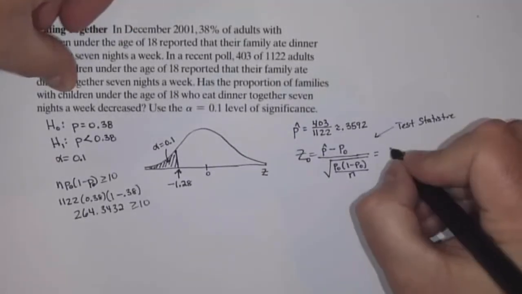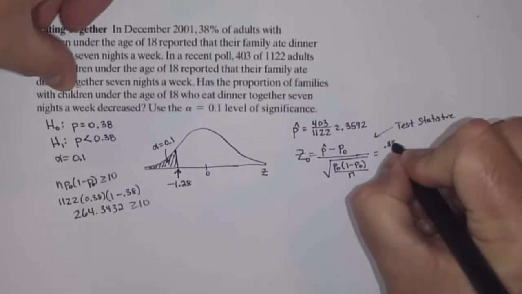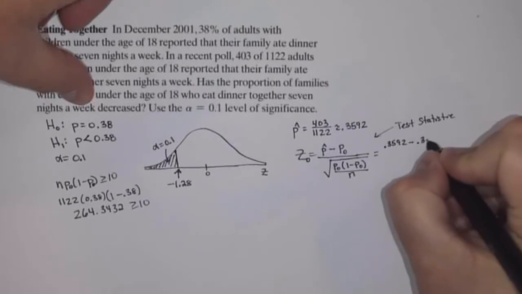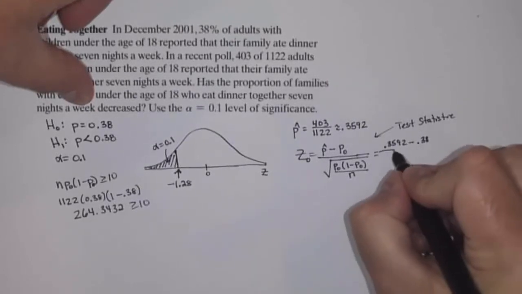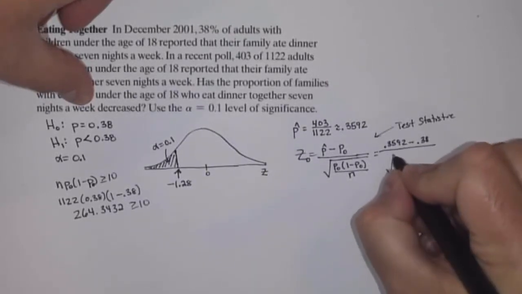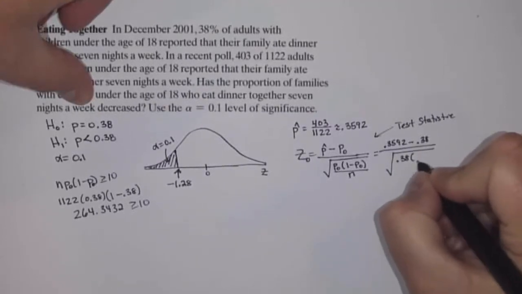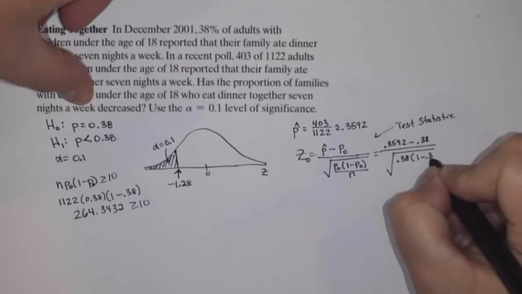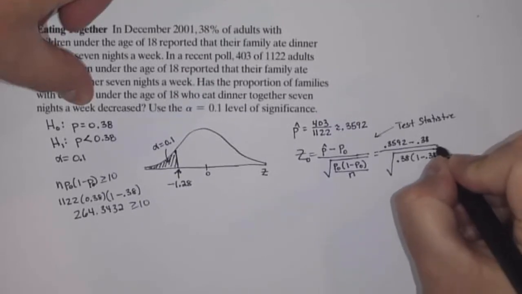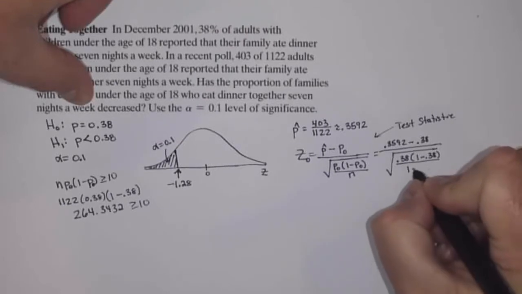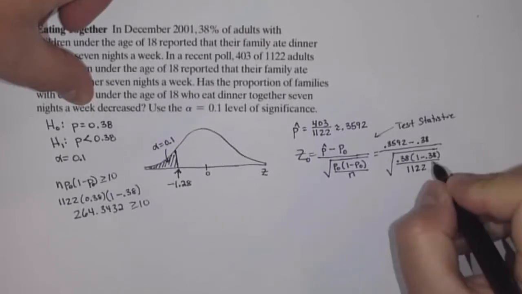So in this case, that's going to be 0.3592 minus the 0.38 from the null hypothesis, divided by the square root of 0.38 times 1 minus 0.38, again using the p naught from the null hypothesis, divided by our sample size, which is 1,122.